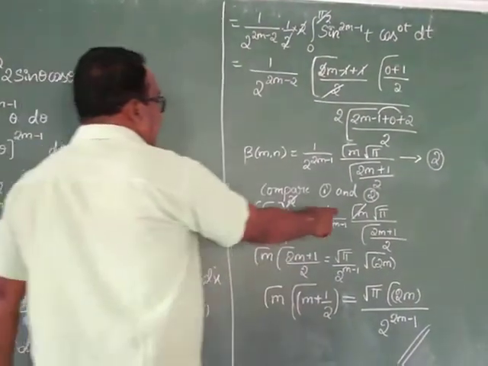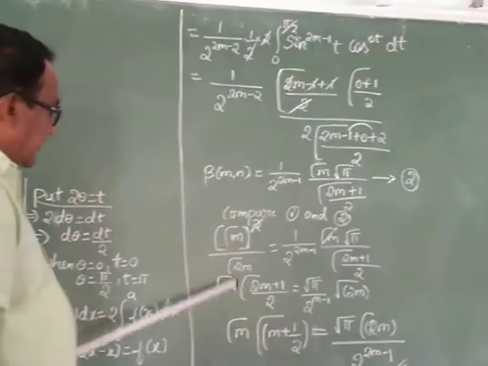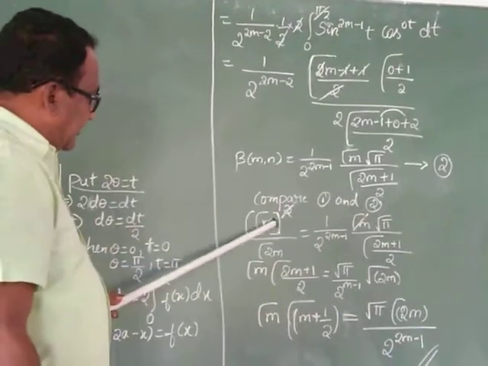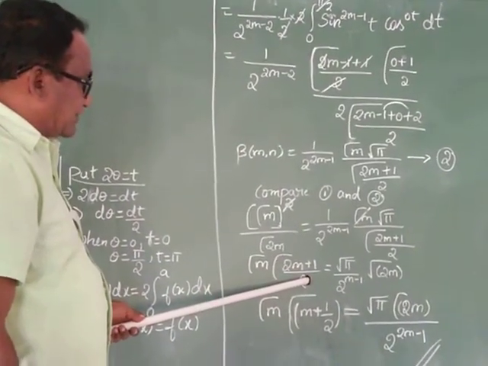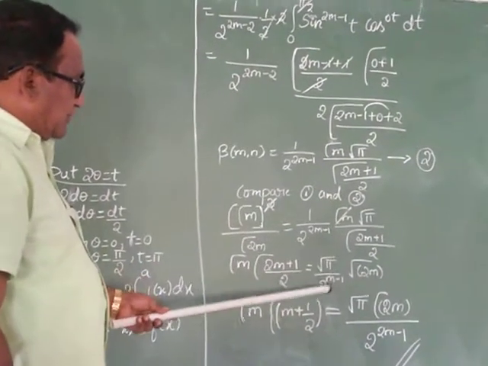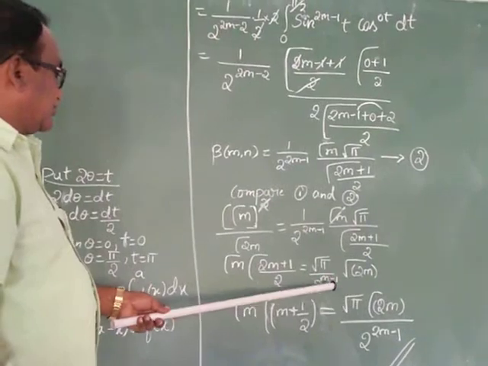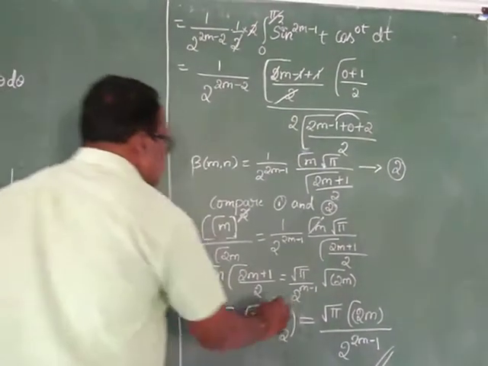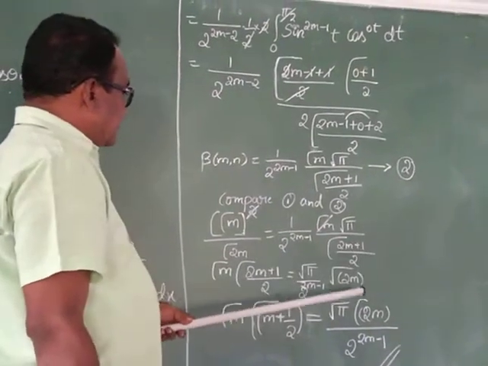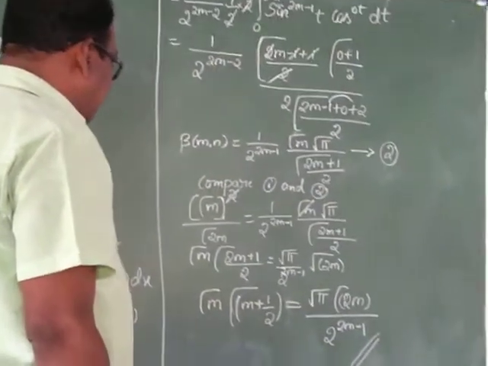Of course, here gamma m and one of this gamma m cancels. Gamma m into gamma of 2m plus 1 by 2, you take this to the left hand side, equals root pi divided by 2 to the power 2m minus 1 into gamma 2m. You take this to the right hand side.